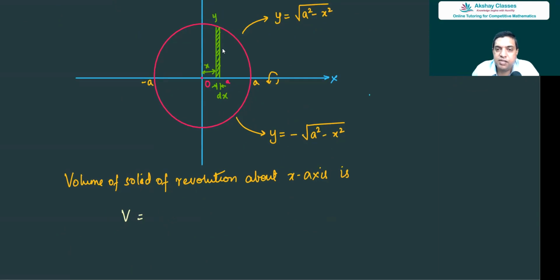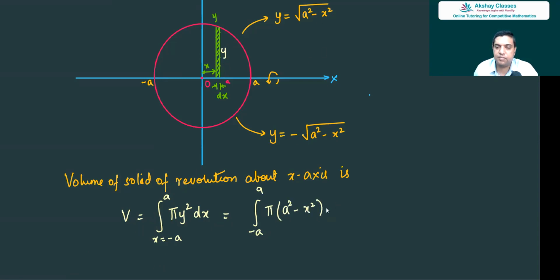What is this strip? This is y, right? So pi y square dx, integral from x equal to minus a to a. So this is easy. Minus a to a pi y square, which is a square minus x square, times dx.